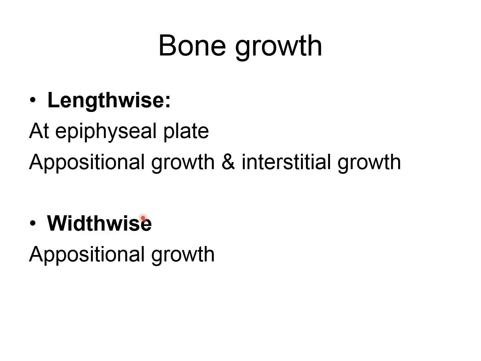Widthwise, because it is mature bone, the bones can grow only by appositional growth. It means new layers of matrix are laid down on the previous matrix. So the cells within the bone are already mature, so they cannot divide and make new cells of the matrix. These osteocytes can only maintain them.